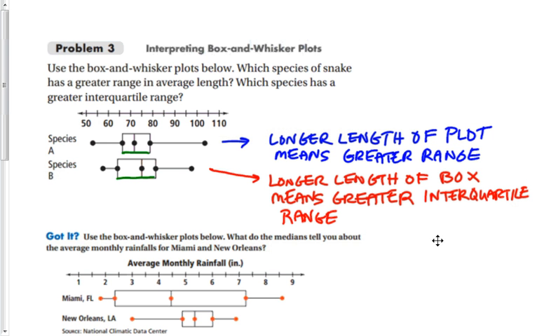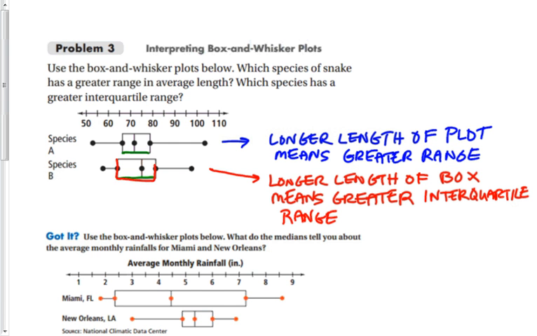Now, what we want to think about here is, what does it mean to have a greater range? One thing you might want to look for is which species of snakes have more varying lengths. You could use the range to represent that, but oftentimes the interquartile range is used instead.